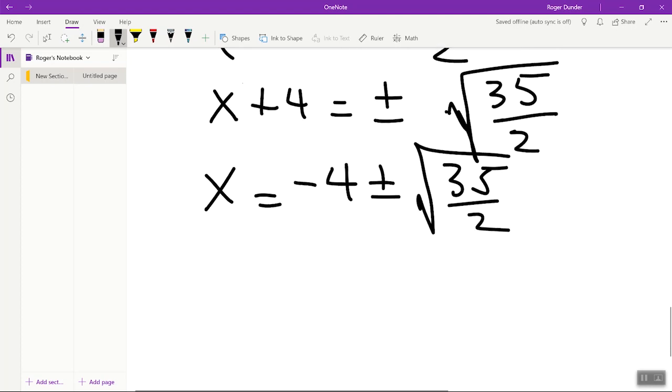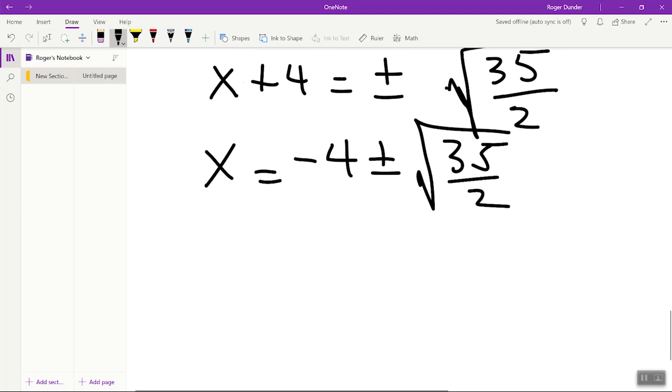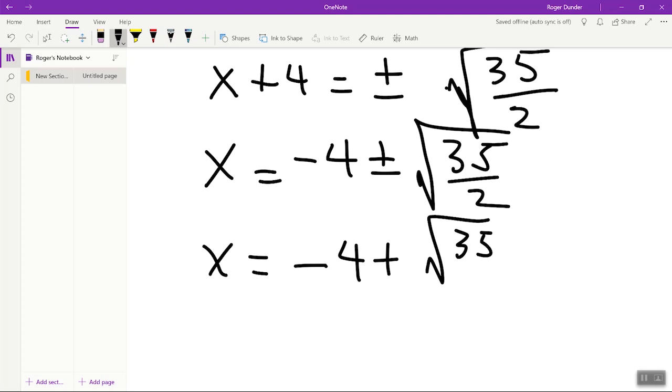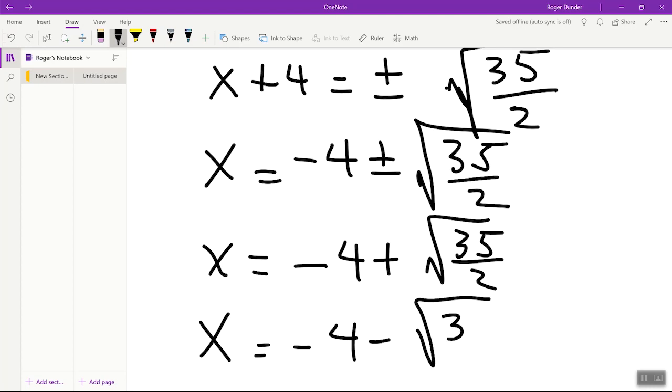Okay. So I have two roots. X is equal to minus 4 plus the square root of 35 over 2, and x is equal to minus 4 minus the square root of 35 over 2.